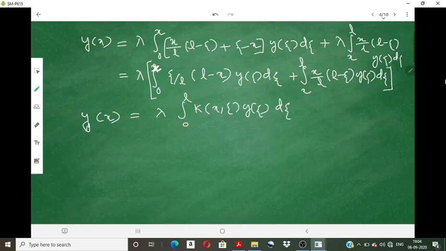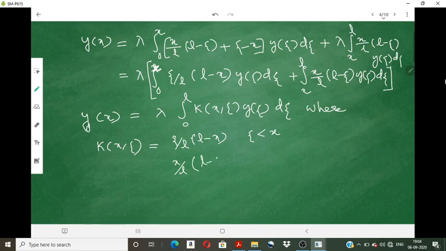So we can write the above equation in this form, where k of x theta is theta by L into L minus x when theta is less than x, and x by L into L minus theta when theta is greater than x.